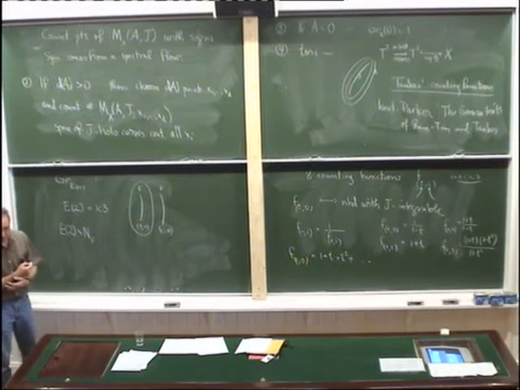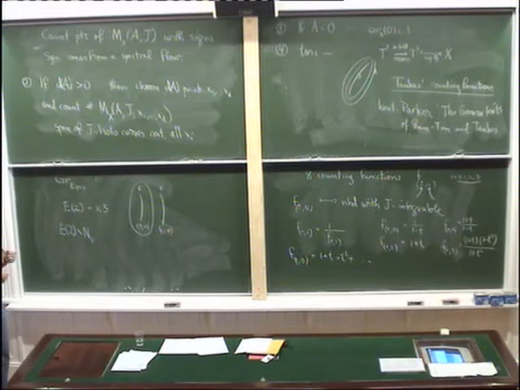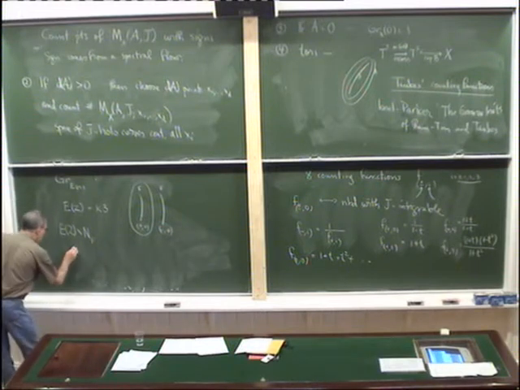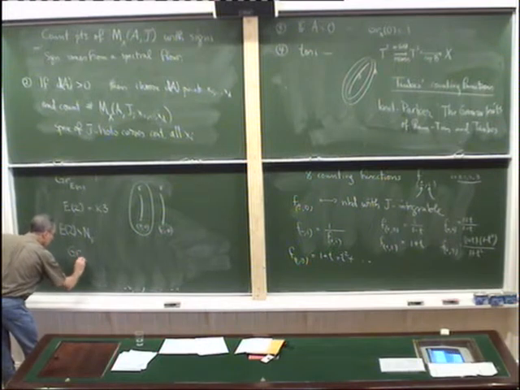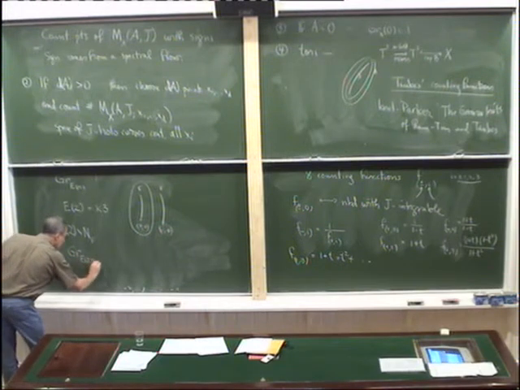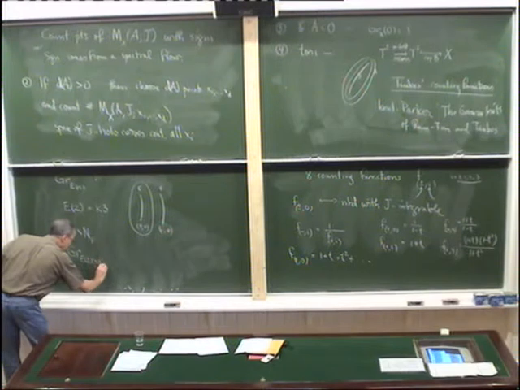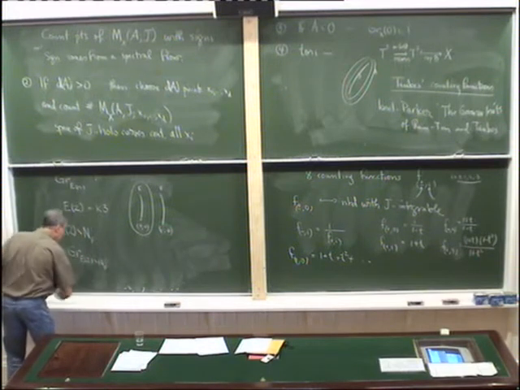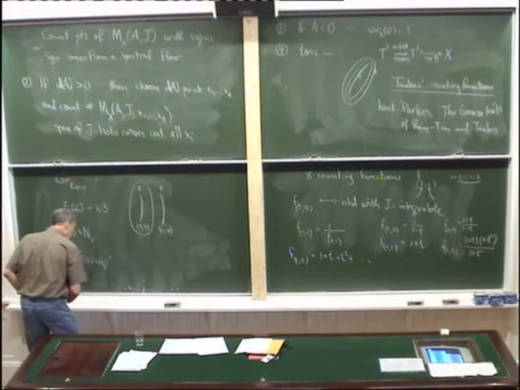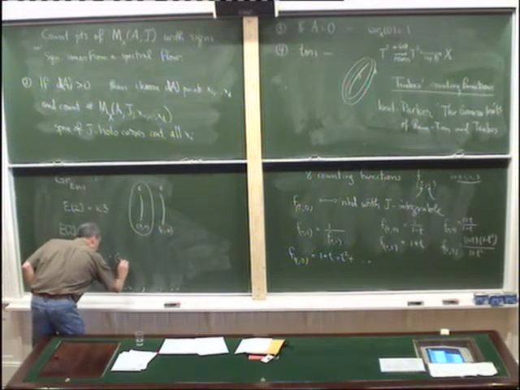Okay? So I'm going to, again, write the Gromov invariant as a polynomial. So now let's write down the Gromov invariant of E2 minus NF. And now there's a gluing formula again. You can look at work of Ian Allen Parker.